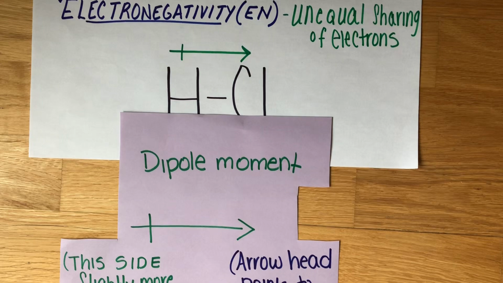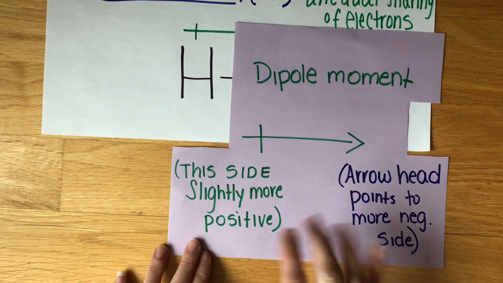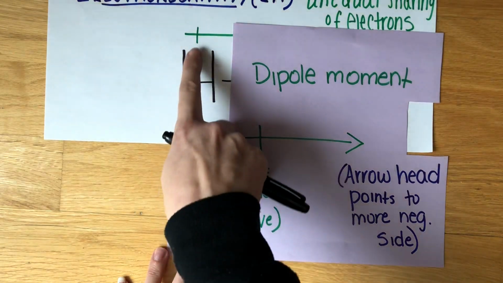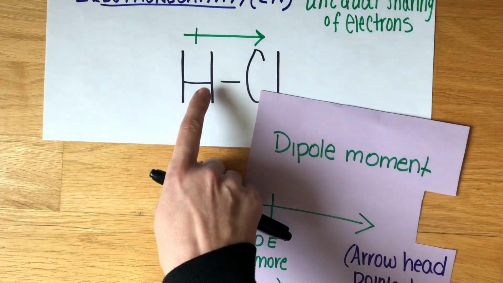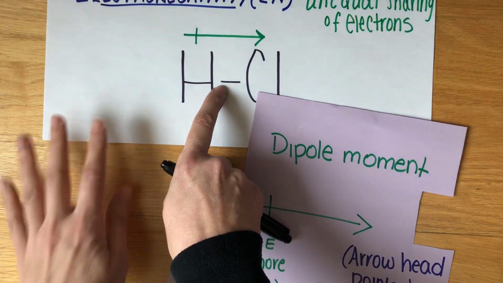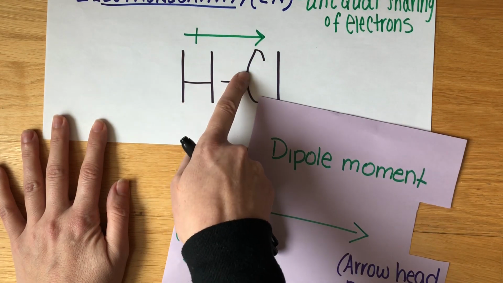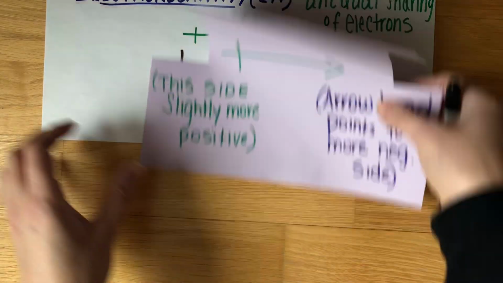This is still covalent. And then you can see here the positive tail is the side that's just slightly more positive. Well, what would make you slightly more positive? Your electrons that you're sharing are not as close to you. In hydrogen, they're closer to chlorine. Okay, that's review. You're going to have to know a little bit of that for today's molecule polarity.